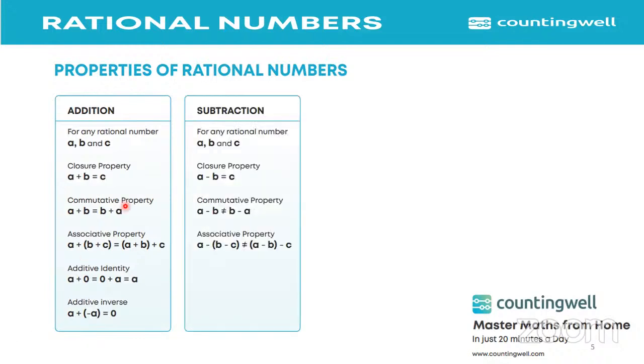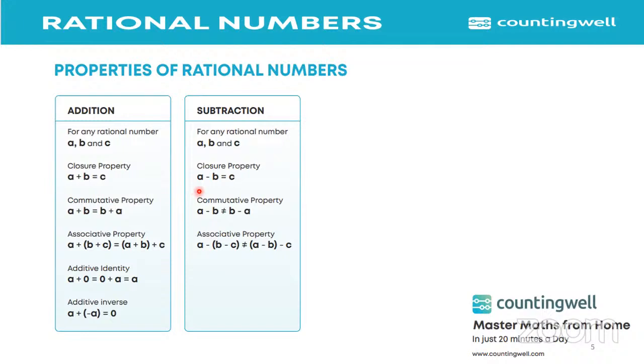Let us see the properties for subtraction. For any rational numbers a, b and c, we have closure property, commutative property, associative property. Let us see which of these properties holds for subtraction. Note that the subtraction of two rational numbers is again a rational number.